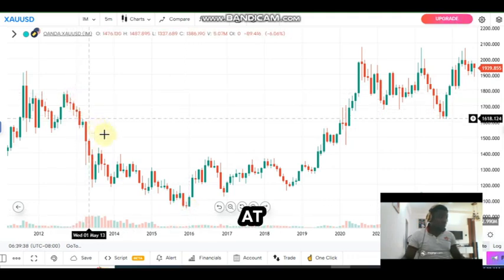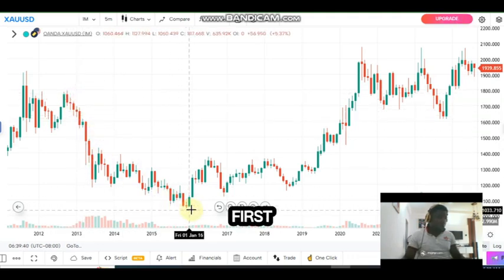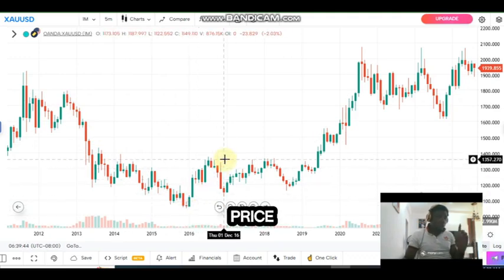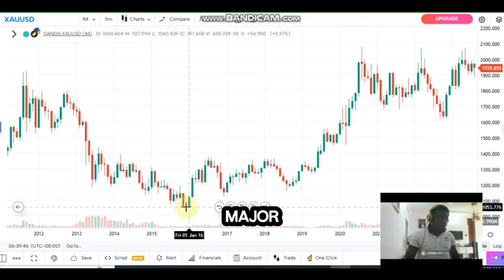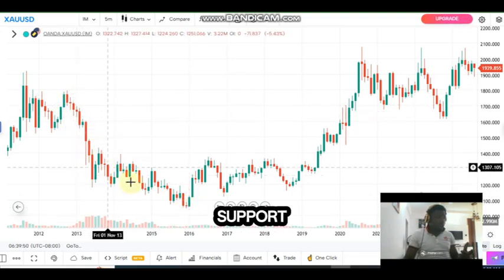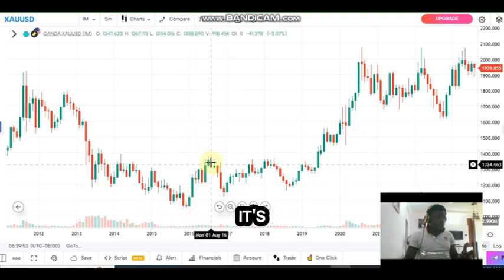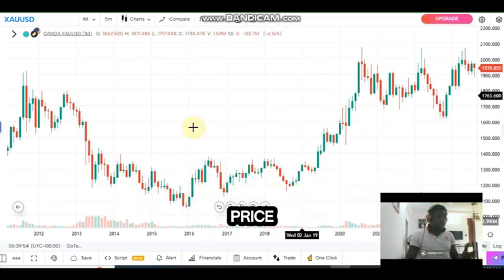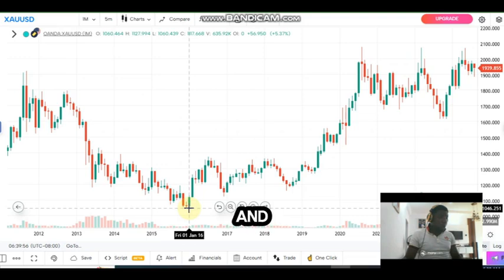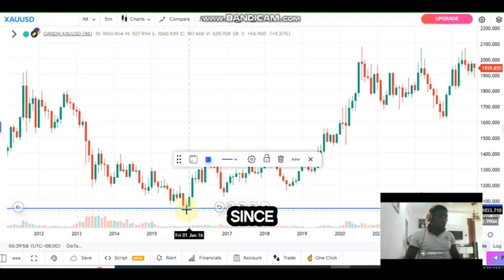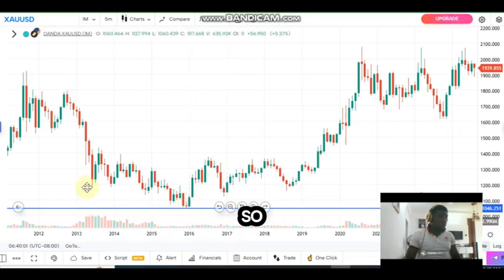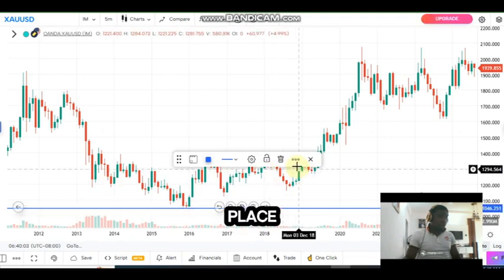Take note, we are looking at a major place price gets to before it starts going up. We are looking at the support. This, for me, is a valid support because price was on its way down, got to this point and started going up, and since then it has kept going up. So I'm going to map this place as one of the key zones, a valid area.